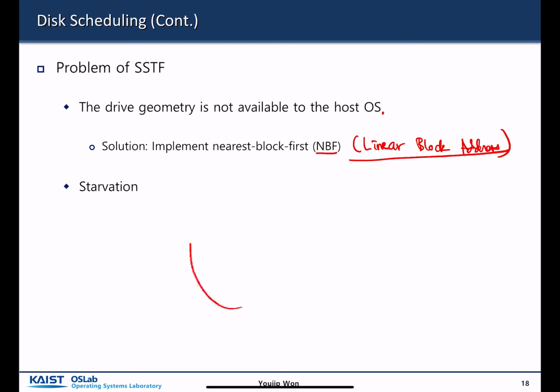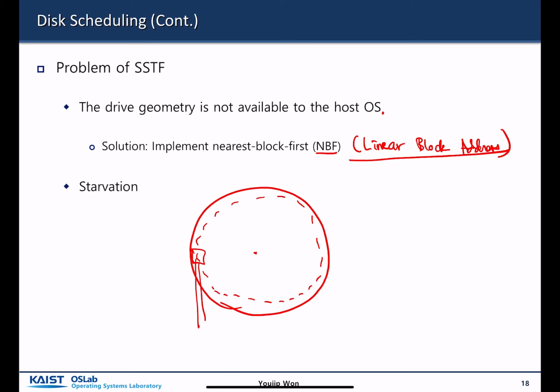Let's see, there is a disk platter, and the disk head is at the rightmost track. There is a request for sector 20, and another request for, for example, sector 1000. So in the queue, there is a request for sector 20 and a request for sector 1000.